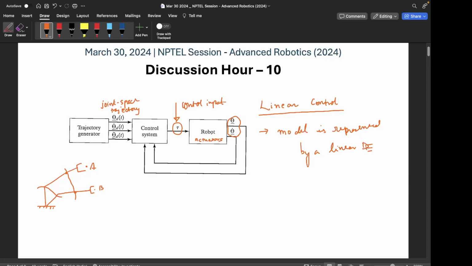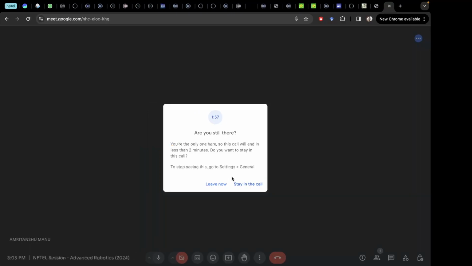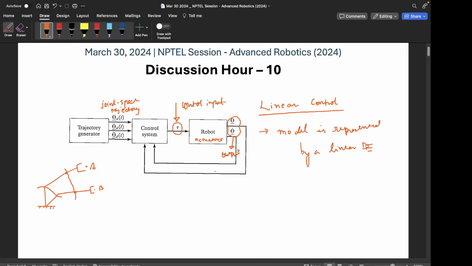That is, when this control input tau is applied on the robot, how much angle did the robot move, or how much velocity did the joints achieve? So this is the output, and you see here that this output is again being fed back into the control system, closing what we call the loop. So this is our closed loop control. This we have seen before also.